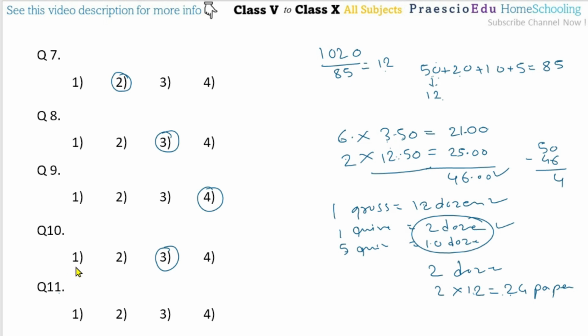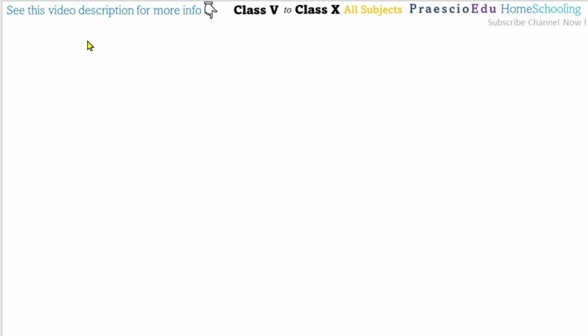Now question number 11. 2 square papers plus 5 dozen papers is equal to how many papers? So we have to convert the dozen into papers, and the square also into papers. As we know, 1 square is equal to 24 papers, so 2 square is equal to 48 papers, and 1 dozen is 12 papers.